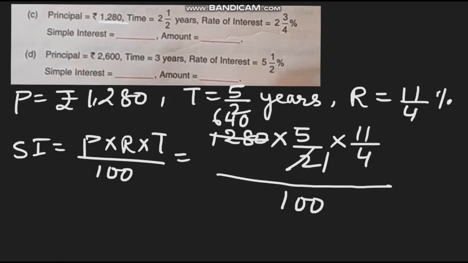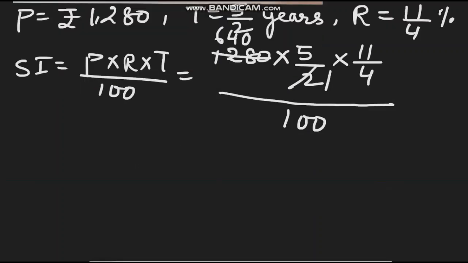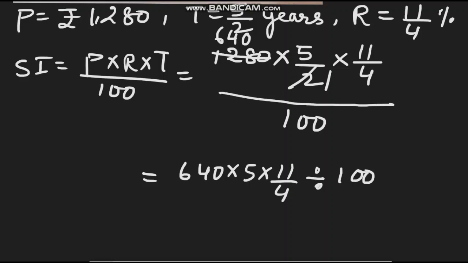Now let us see how we can move forward with this question. This will be equal to 640 into 5 into 11 by 4 divided by 100. When you remove this divide and make it into multiplication, 100 can be written as 100 by 1, and it will become 1 by 100.